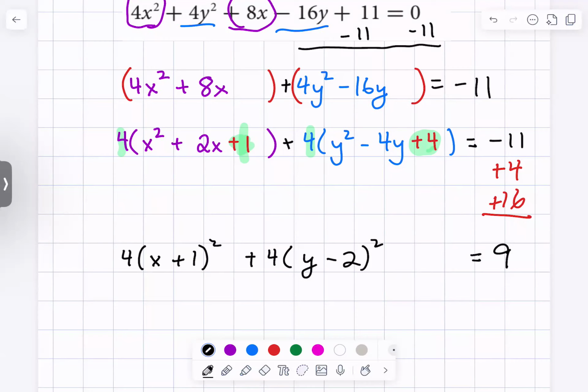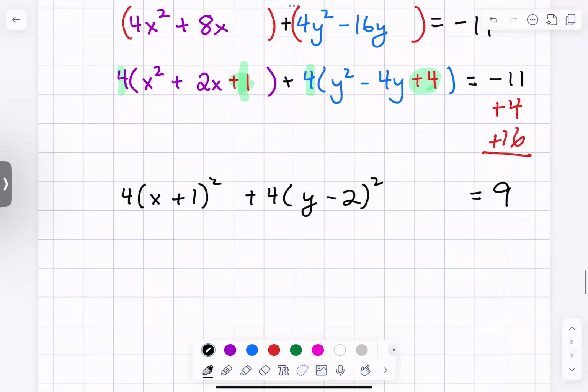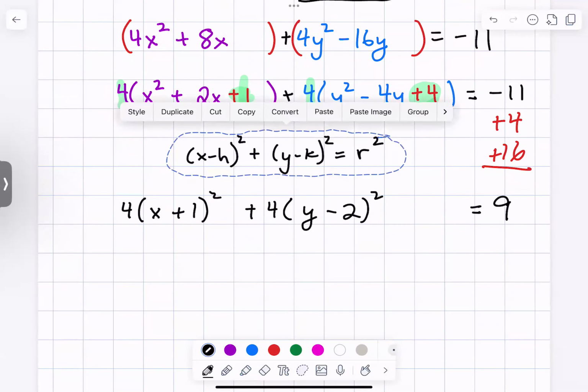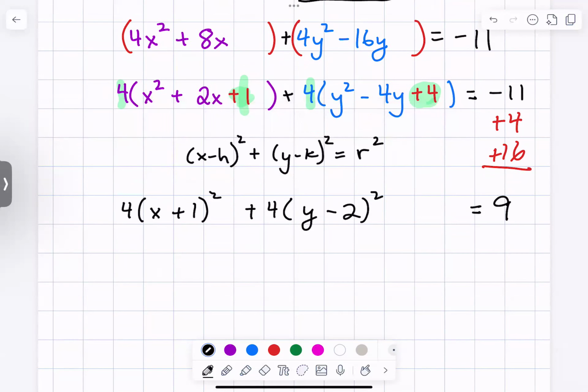I am not done yet because in my standard form, there is no coefficient or number here or here, correct? But there's a number here and here. So what do I do? How can I get rid of it, or how can I move it over to the other side?